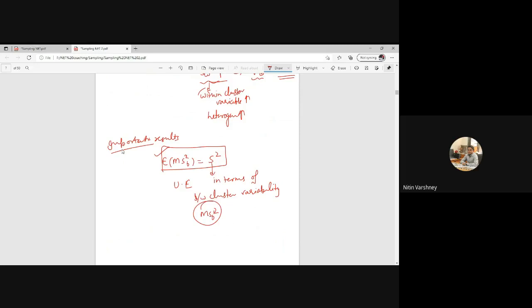Okay, it is not like the expected value of SB square is equal to capital S square. This is wrong. This is not equal. So MSB square is there. Proof is also there, but we are not going for the proof. So MSB square is the unbiased estimator of capital S square.